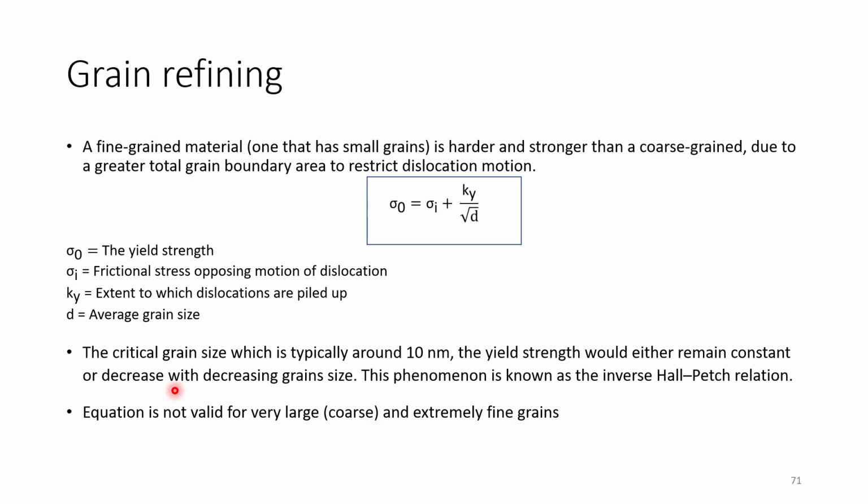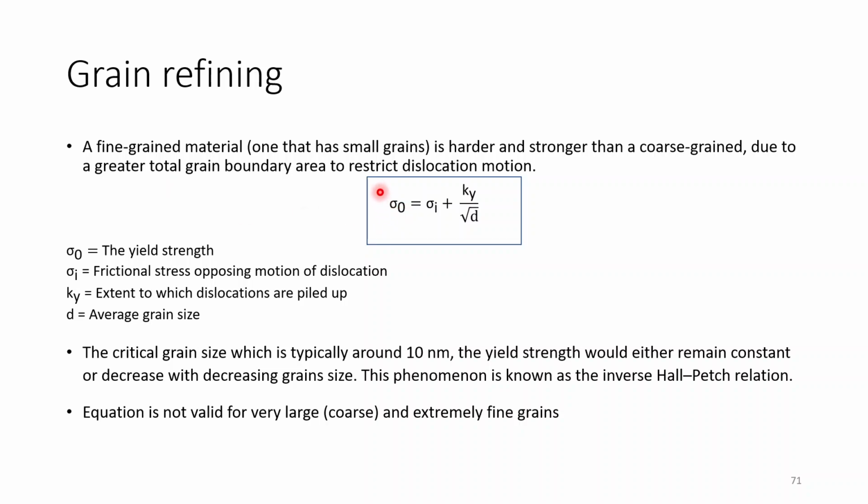Firstly we'll go through grain refining. A fine grained material that has small grains is harder and stronger than a coarse grained one, due to a greater total grain boundary area to restrict dislocation motion.